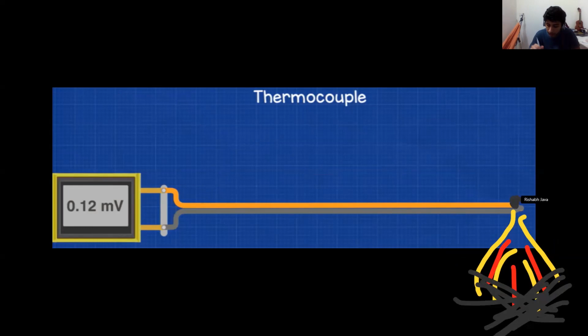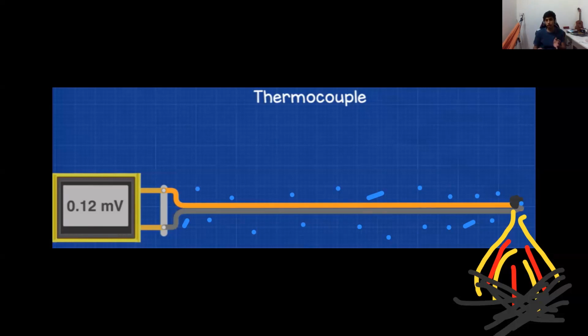So the electrons from this end are going to flow to the cooler side. It's conduction. Now, if these are two different materials, the amount of electrons that will flow to the cooler side is different.